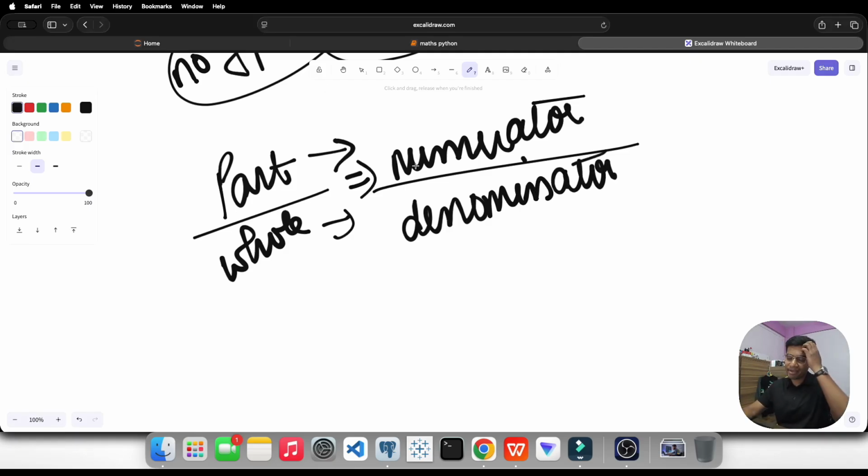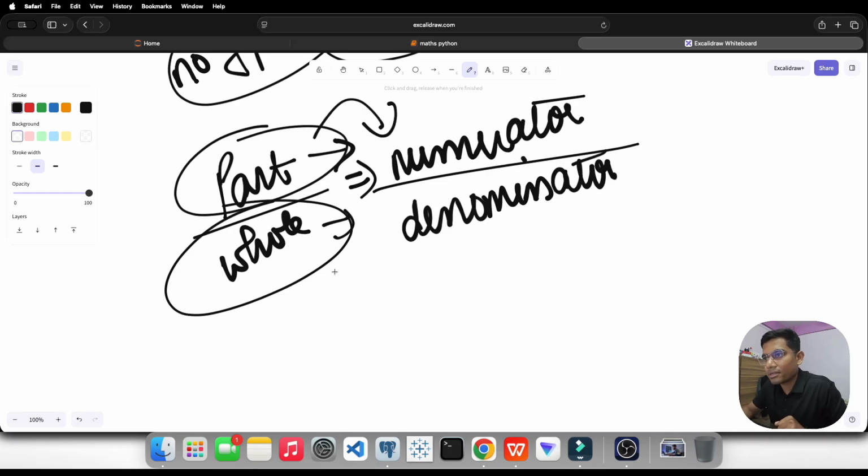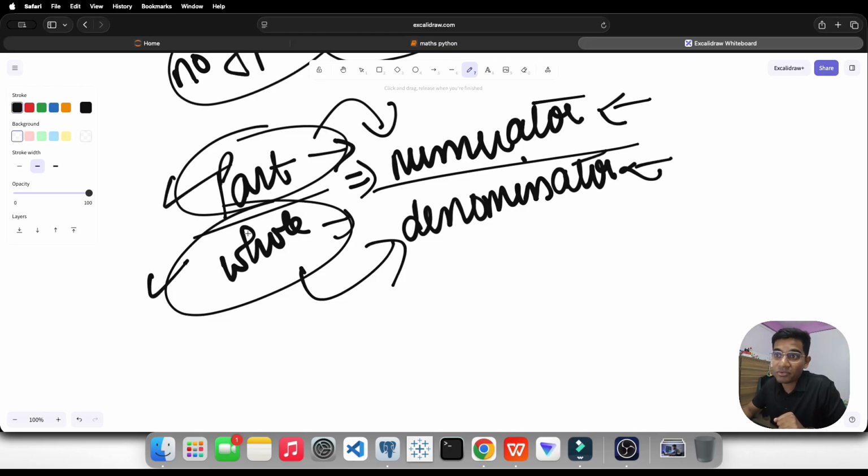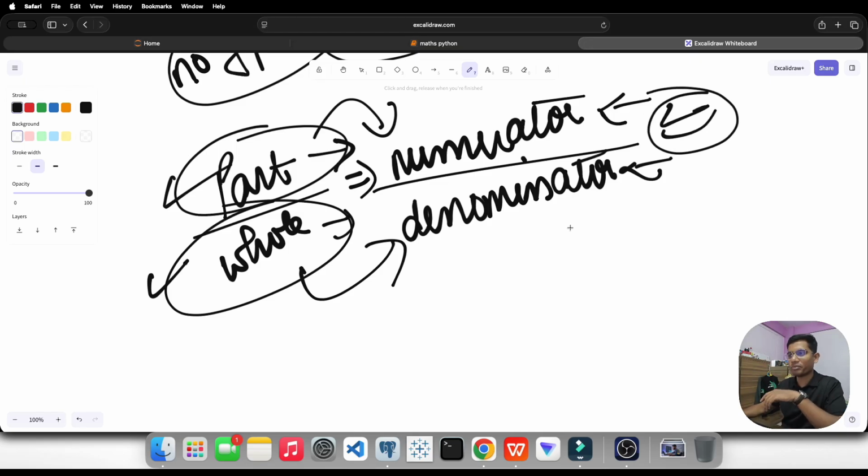So in maths, everything has a technical language, or I would say mathematical lingo. And we talk about it using the mathematical terms numerator and denominator. This is how the definition gets connected to the example, and the example gets connected to numerator and denominator.